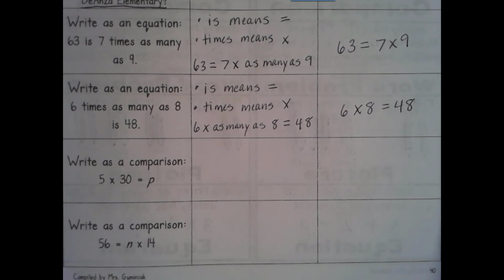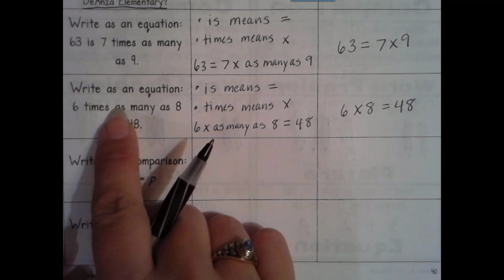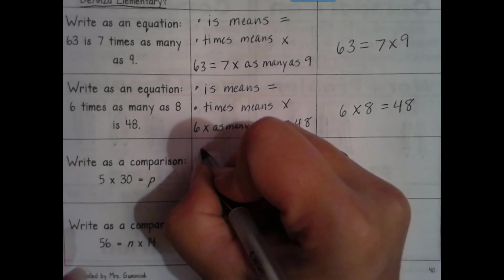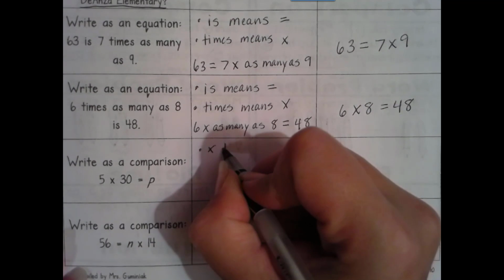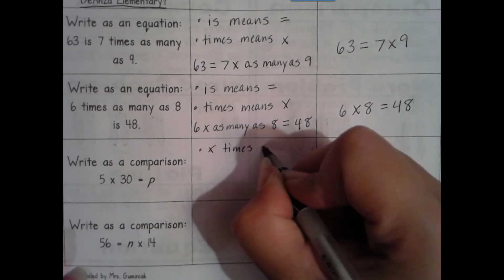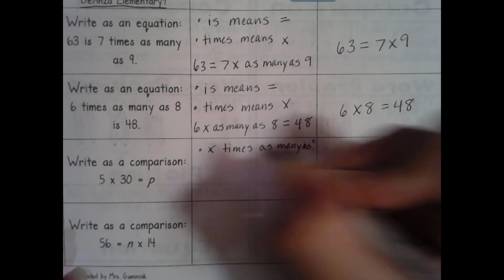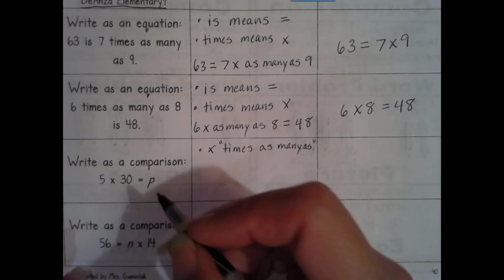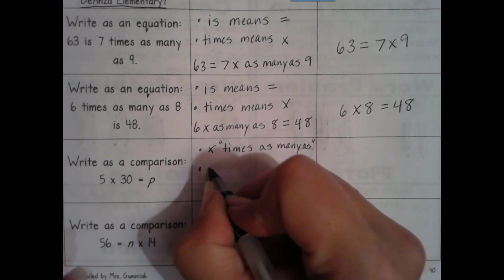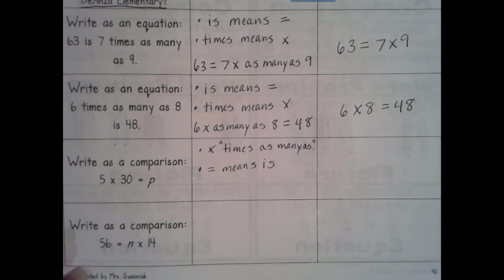All right, so now we need to take the equation and write it as a comparison like this. So when we see the X, we say times as many as. And when we see the equal sign, we put is, or it could be has if it's past tense.